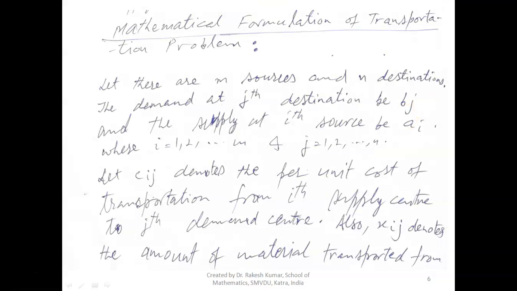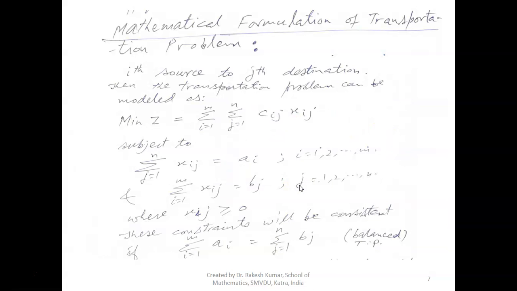Let there are m sources and n destinations. The demand at jth destination be Bj and the supply at ith source be Ai, where i from 1 to m and j from 1 to n. Let Cij denotes the per unit cost of transportation from ith supply center to jth demand center. Also, Xij denotes the amount of material transported from ith source to jth destination.